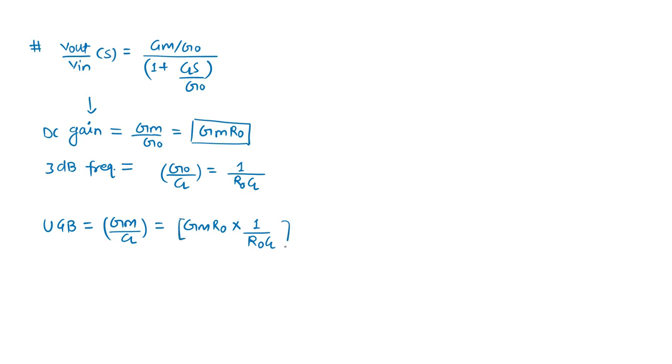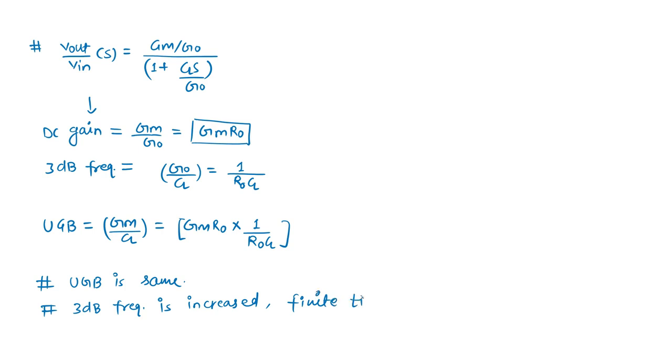So what we can see from here, UGB is fixed. Okay. So when the system is practical or ideal, this UGB is fixed. UGB is same. Who is changed? 3 dB frequency is increased because of the finite time constant.